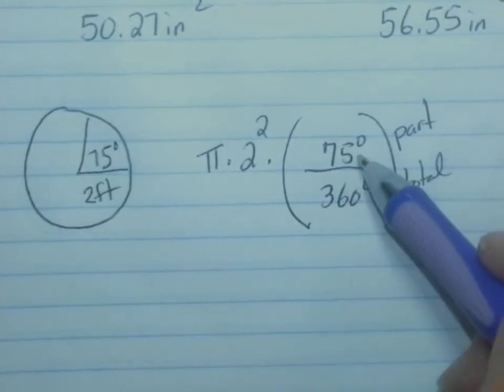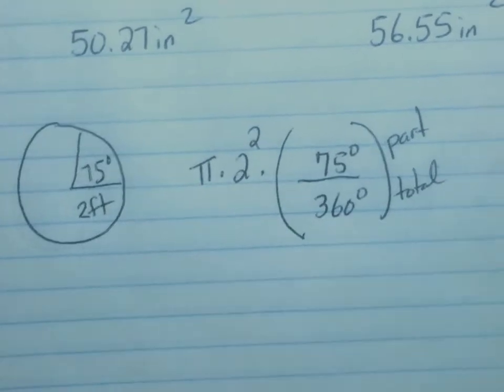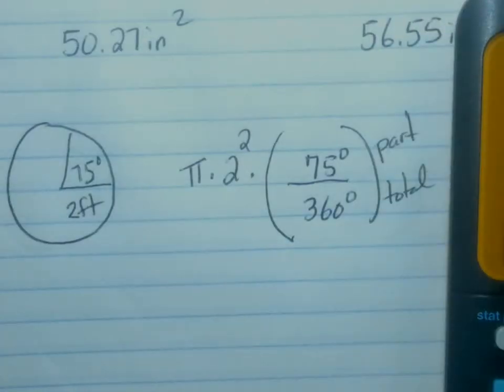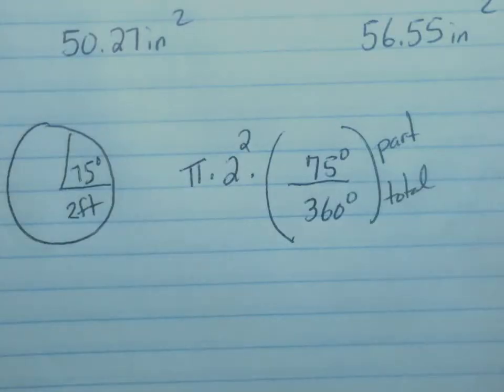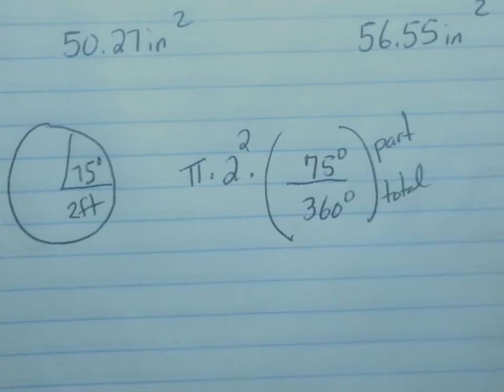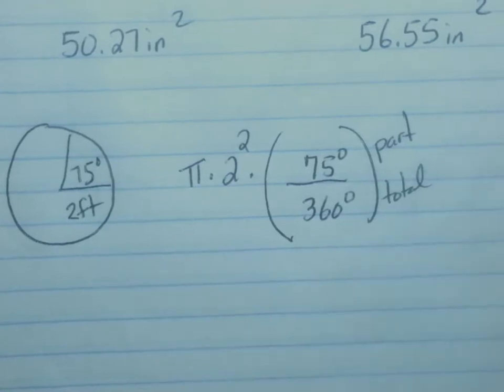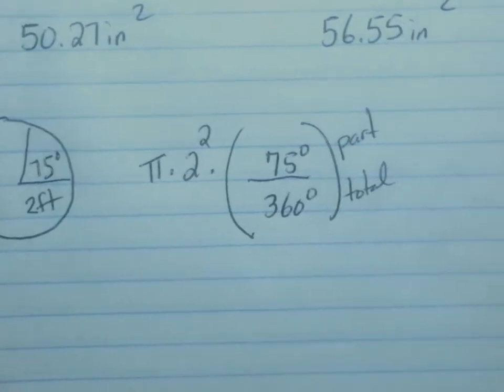So if we want an exact answer, we might want to go ahead and simplify this first. Let's see. 360 divided by 5 is 72. And 75 divided by 5 is 15, right?